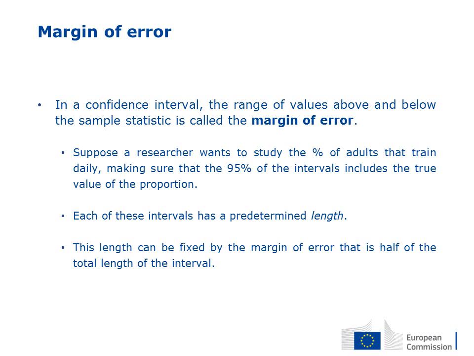This length can be fixed by the margin of error, which is half of the total length of the interval. This means that if we set the margin of error equal to 0.05 and our estimated proportion is equal to 0.2, our confidence interval will be the range of values between 0.15 and 0.25.